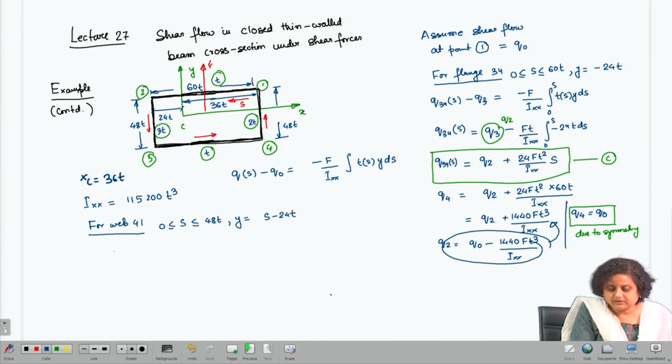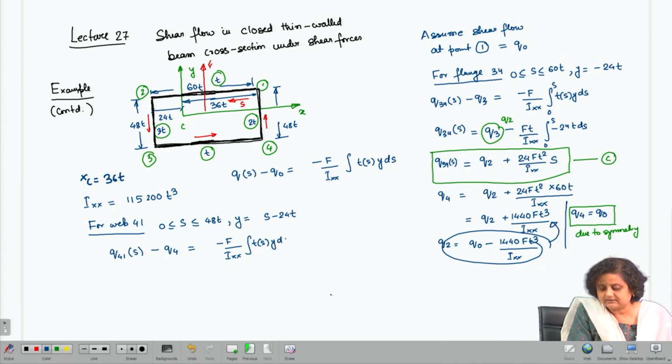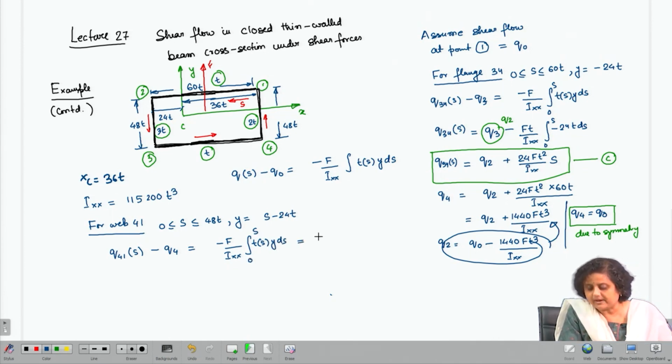Now, if we substitute this, we can write that Q41S minus Q4 is going to be minus F by Ixx into the integral of t into y ds from 0 to S, where t is 2t.